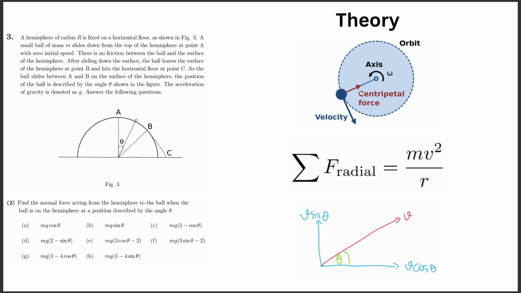So it means all of the forces that have the same direction or the same dimension as the radial, basically the forces that are towards the center of the circle or to the outside of the circle.